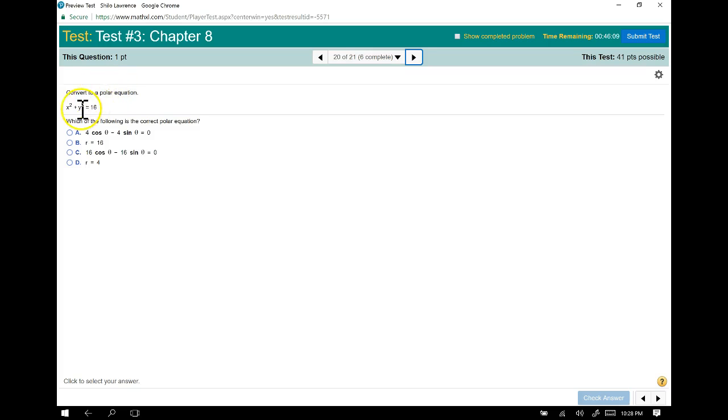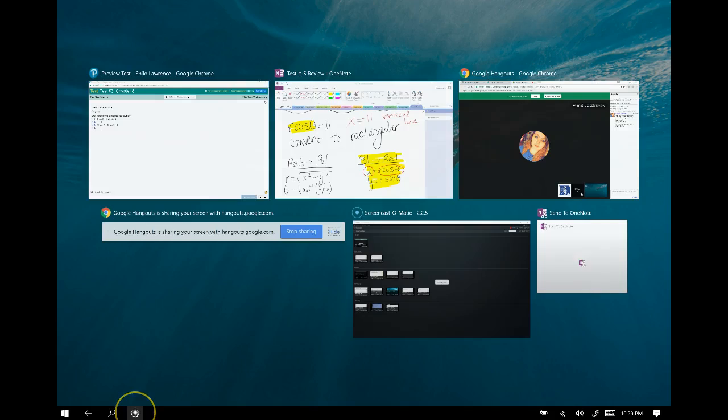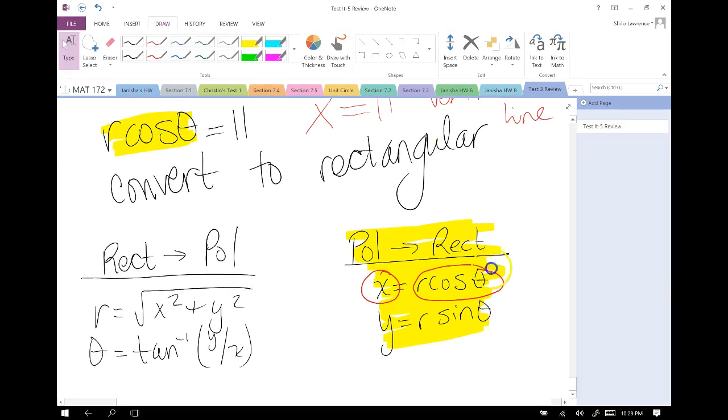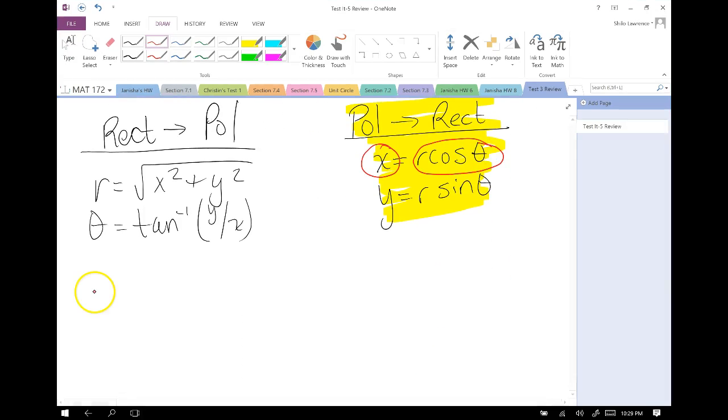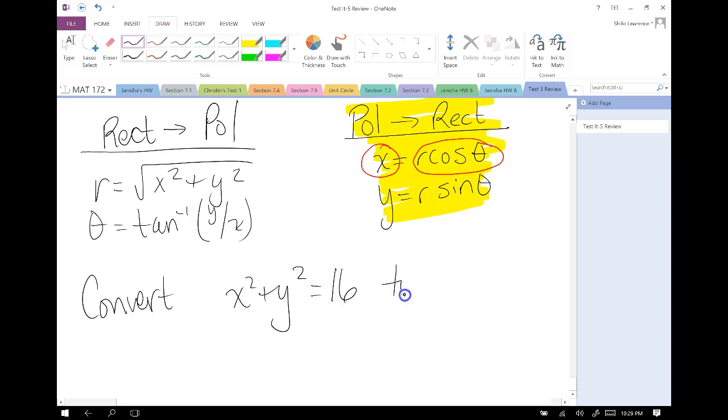It says convert x squared plus y squared equals 16 to a polar equation. So x squared plus y squared is right there, but right now it's under a square root.